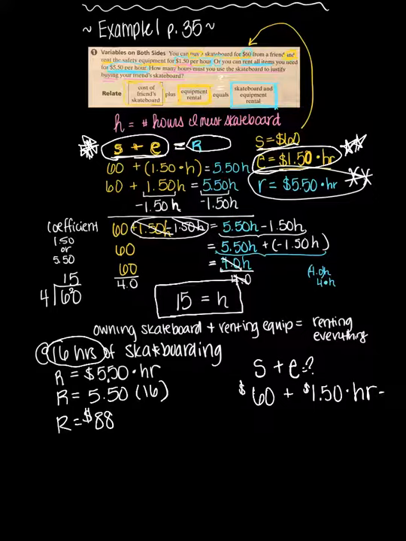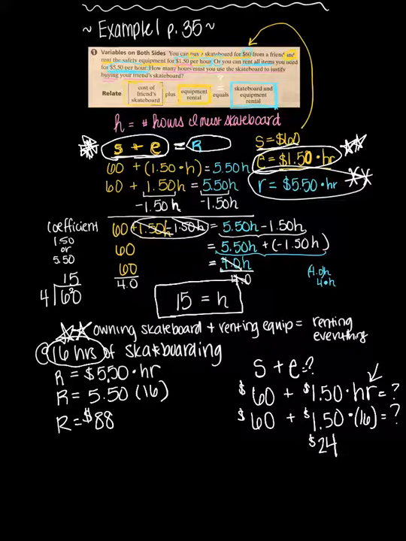So let's see what this equals. 60 plus 1.50 an hour. I can't just add 60 to 1.50 yet. I got to do my multiplication here. And I'm going to plug this 16 hours in here. So I'm multiplying $1.50 times 16, and I get $24 plus $60. Remember, this 24 came from 1.50 times 16. And 60 plus 24 equals $84.